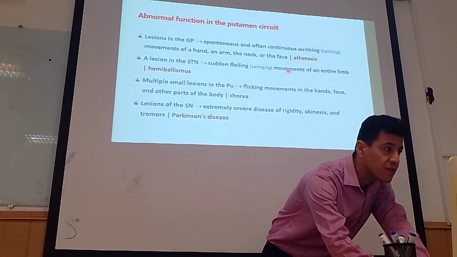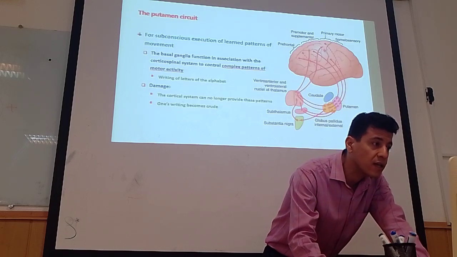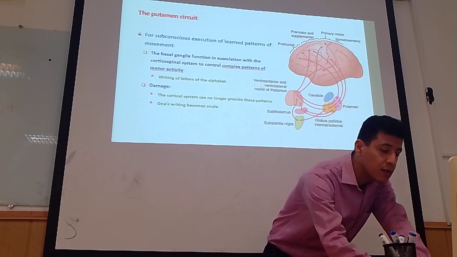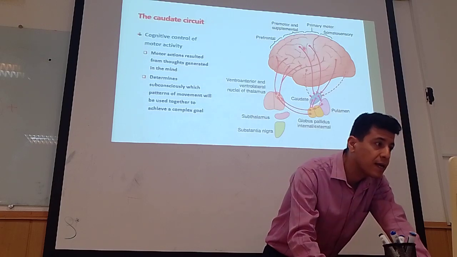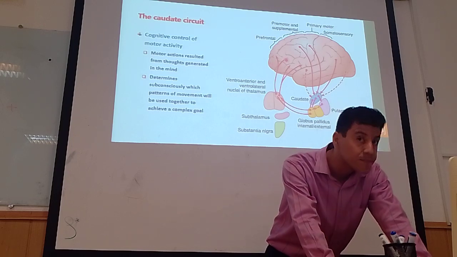So compare this one with this. Everything starts in the motor cortex, goes to the basal ganglia, comes back to the motor cortex again. This is for learned movements. But here, it starts from the motor cortex, sensory cortex, goes to the basal ganglia, comes back to the cortex, but the prefrontal cortex for thinking.